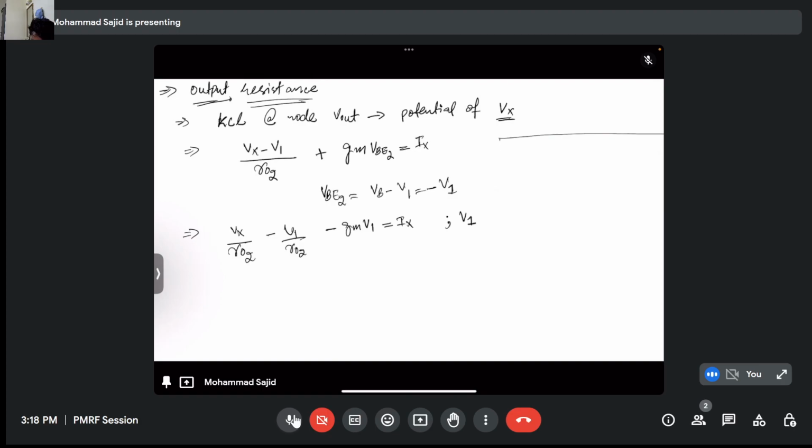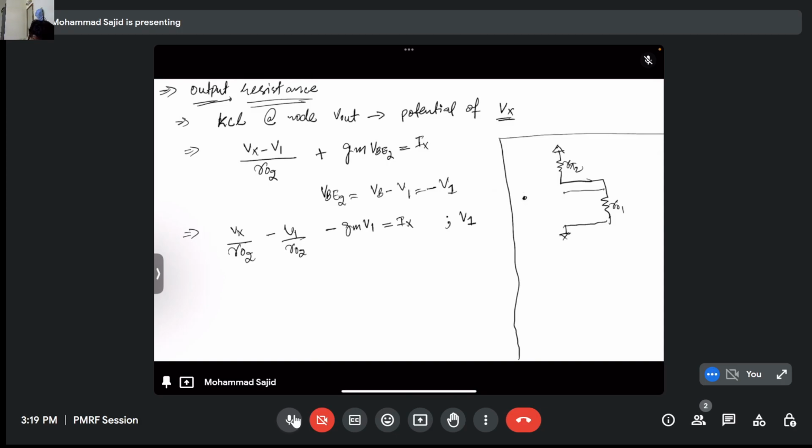So let me just draw. What will remain is this R pi 2, and this is grounded, and this is RO1, and this will be open because this is 0, and this will be grounded.